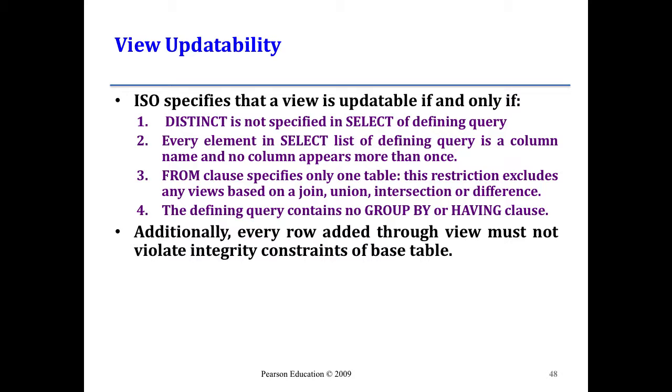It makes sense because if distinct is in there, distinct must be eliminating multiple rows, right? So if we try to insert a row into the view, that could potentially map into anywhere from 1 to a gajillion tuples.